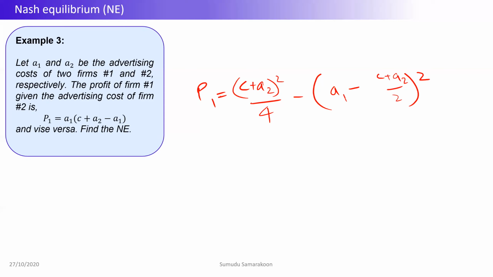So whatever A2's choice, A1 tries to make this equal to 0 in order to maximize its reward, right? So basically, if A2 has a certain choice, A1 will always pick (C plus A2) divided by 2 because this is the best response that firm 1 can have.